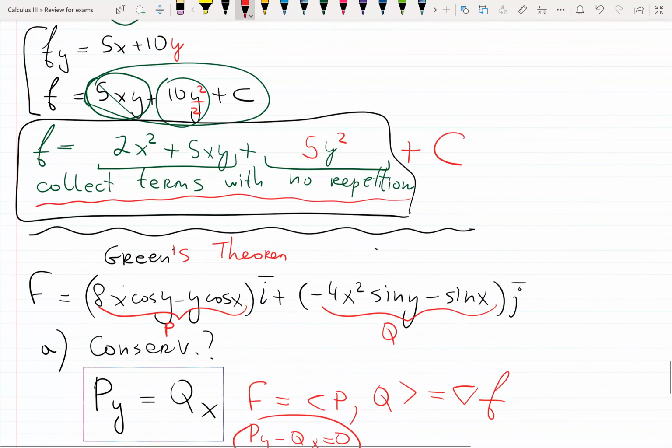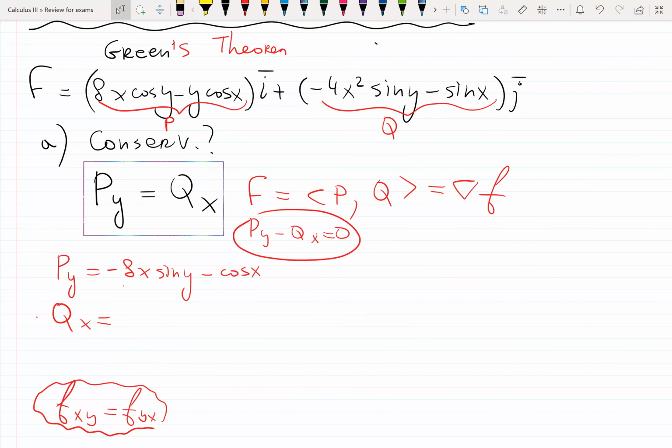So now your brain should be good enough, and awakened enough with coffee, to differentiate instead, or else you might mess up. With respect to x, the second one, minus 8x sine y minus cosine x. Also, I wanted to point out, this is in 2D, and this is in 3D. So it took us to third-dimensional ideas here. Well, they're the same. Good job.